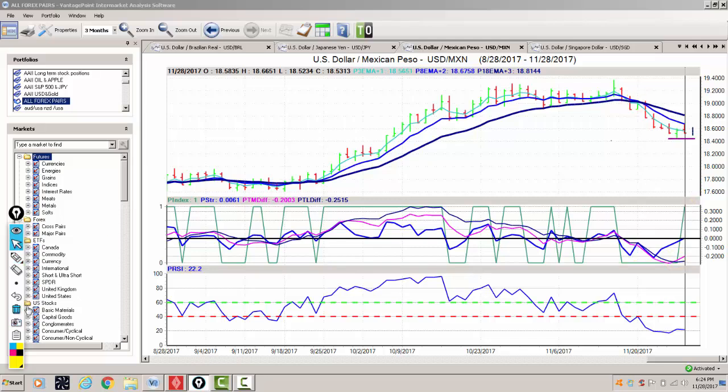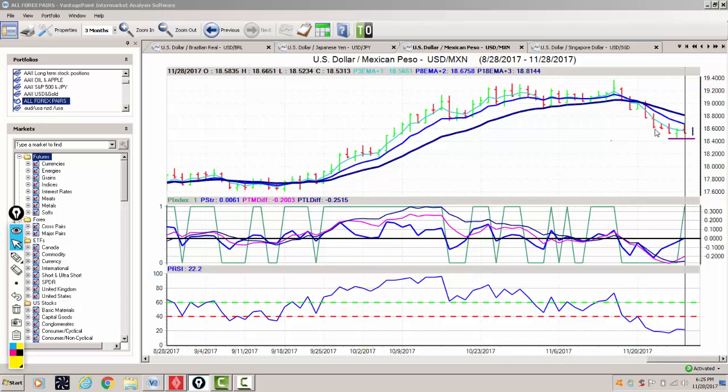So when I'm looking at this here, guys, it's very important that we identify where this crossover took place from VantagePoint and where the predicted RSI is. So essentially with that area down around just above 1840, we're looking for a retracement back towards 1881 or 1867.58.